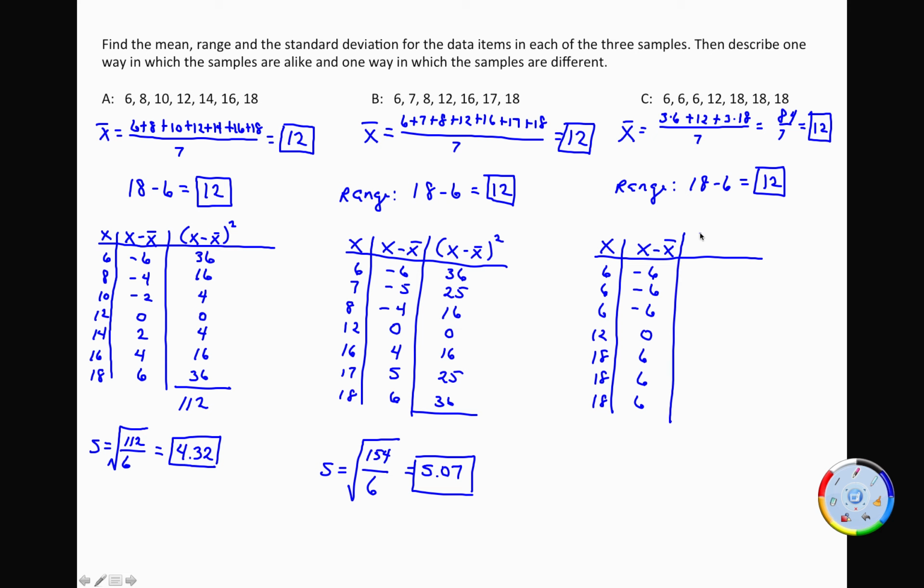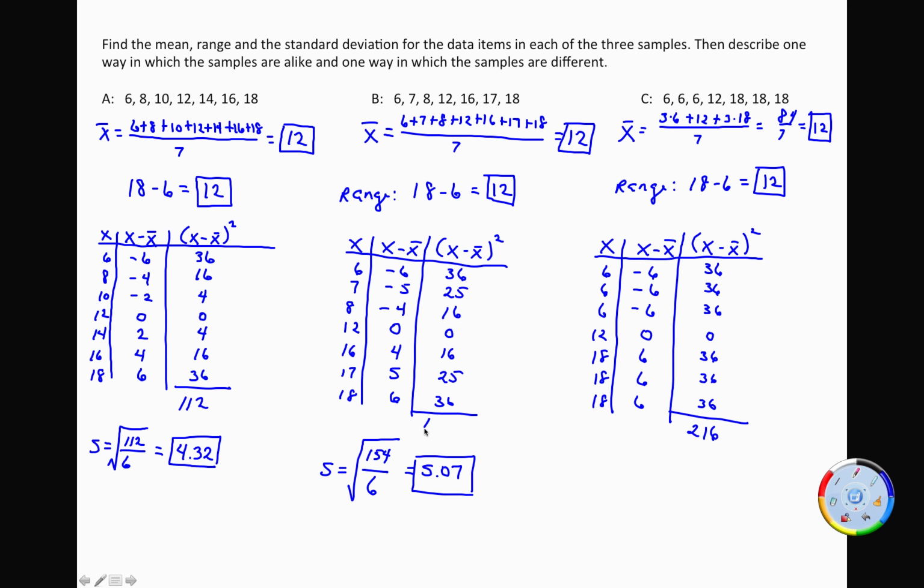To avoid that 0, we're going to square each one. Sum them up. This time that's 6 36s that I need to add together.